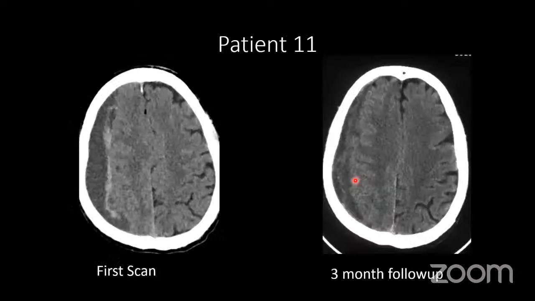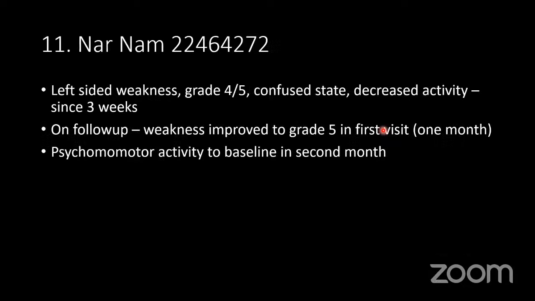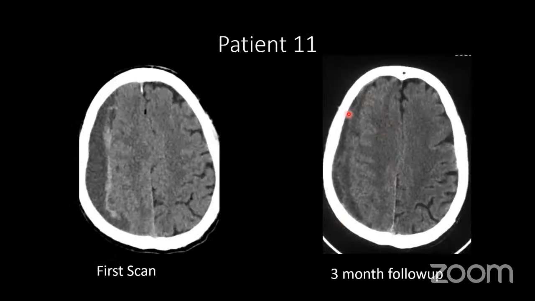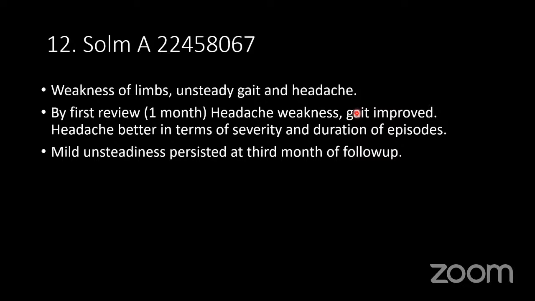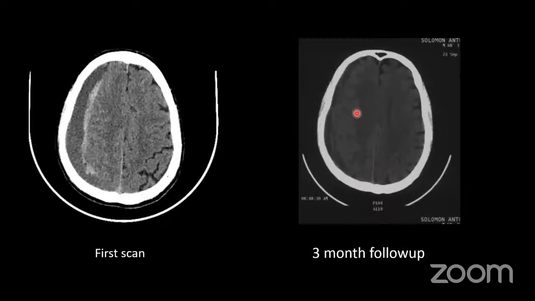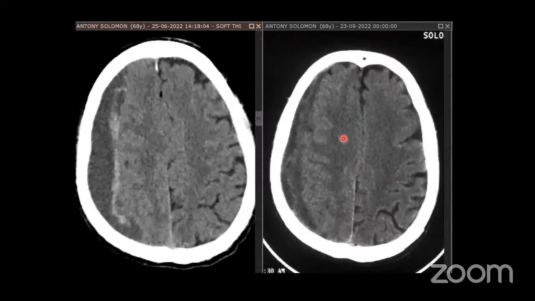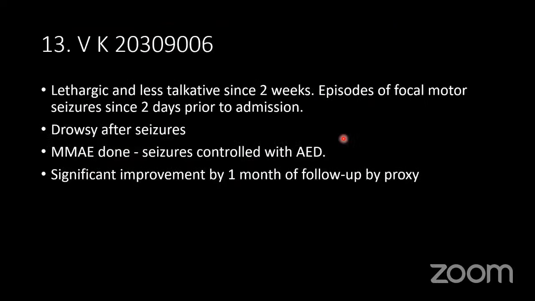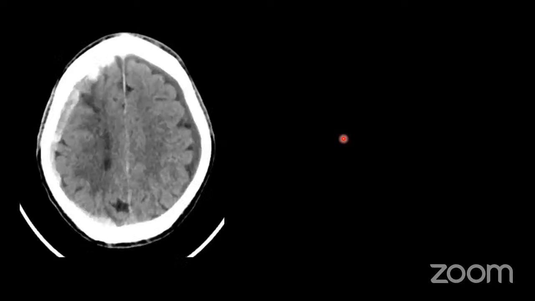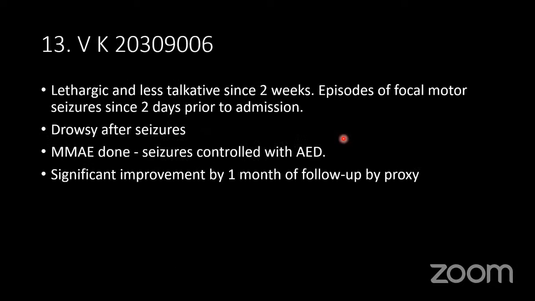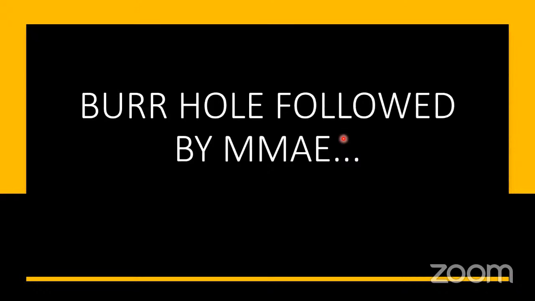Another patient, third month follow-up scan, even though patient had symptomatic improvement, the volume was not much reduced. Another patient, third month follow-up scan, there is reduction in the volume. Then another patient, we have done MMA, the patient is under follow-up.